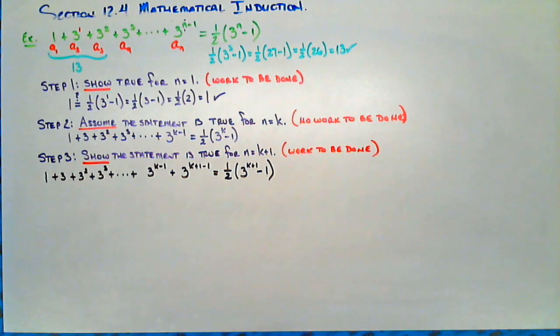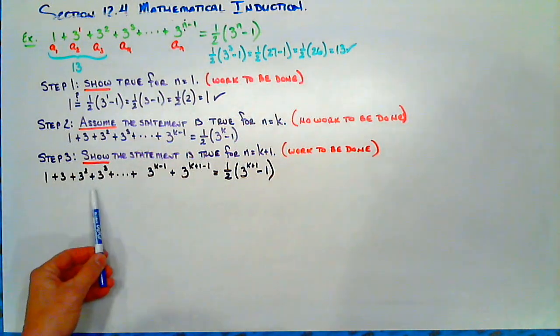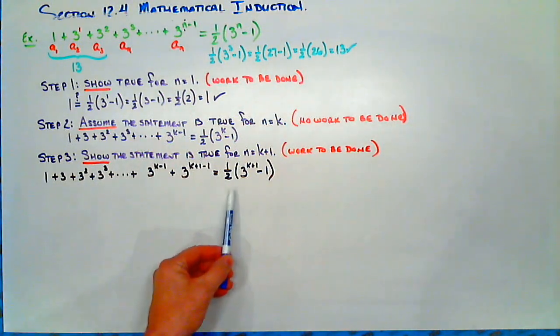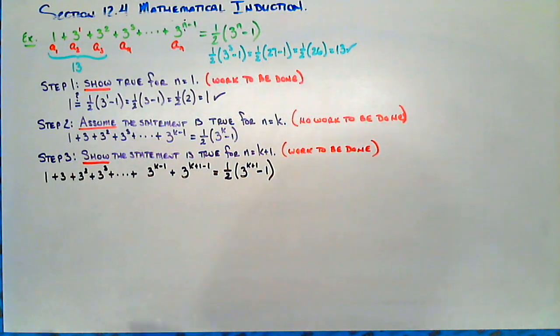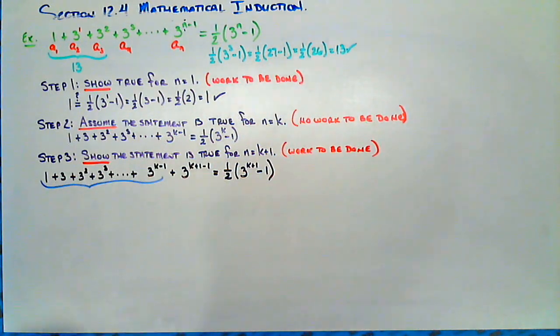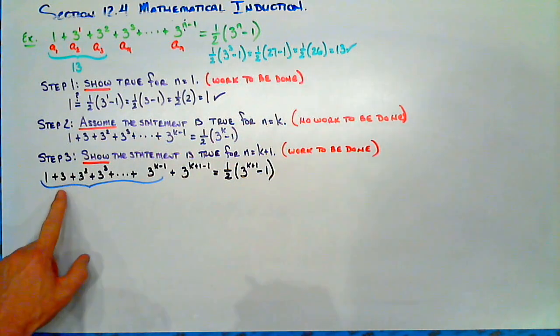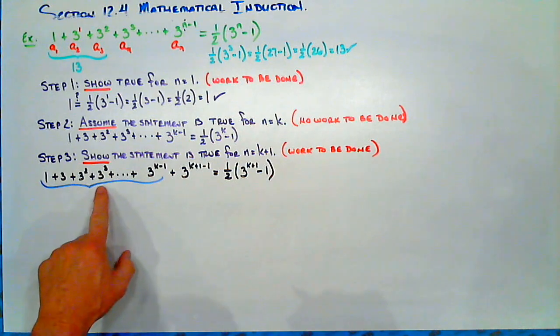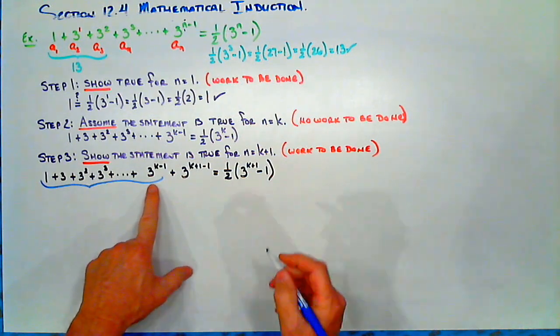Now, this is a show step. Step 3 is a show step. We want to show that the left-hand side is equal to the right-hand side. And when we look at it, we say to ourselves, well, they don't look very similar. And of course, you're right, they don't. But we have that same situation we had in the previous example. We have here 1 plus 3 plus 3 squared plus 3 cubed up to 3 to the k minus 1.